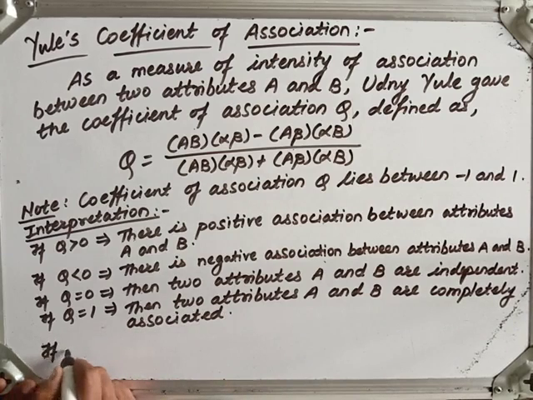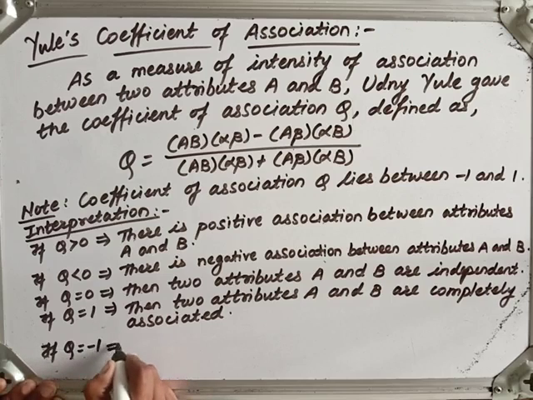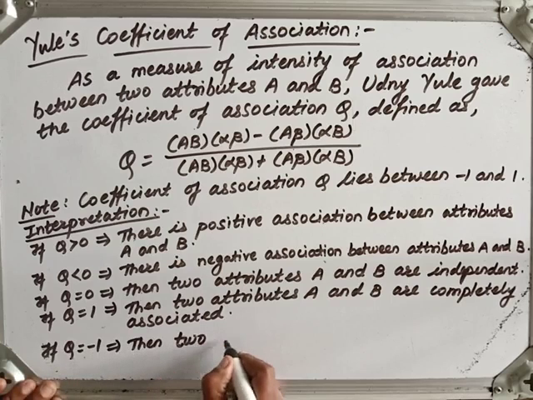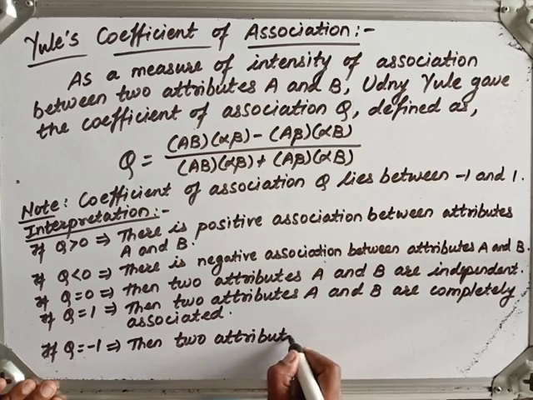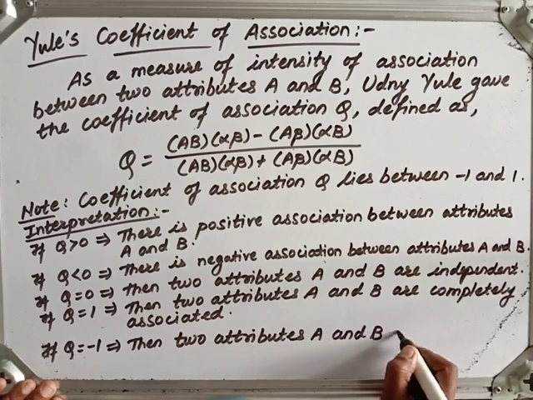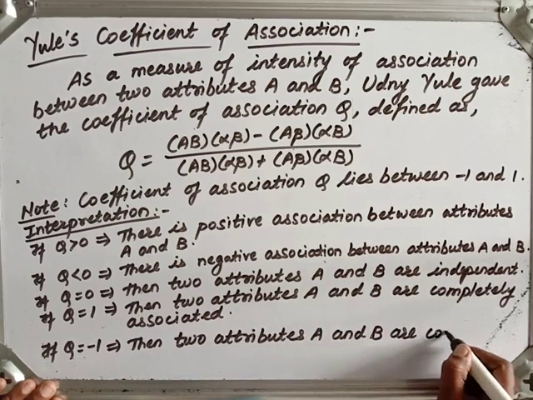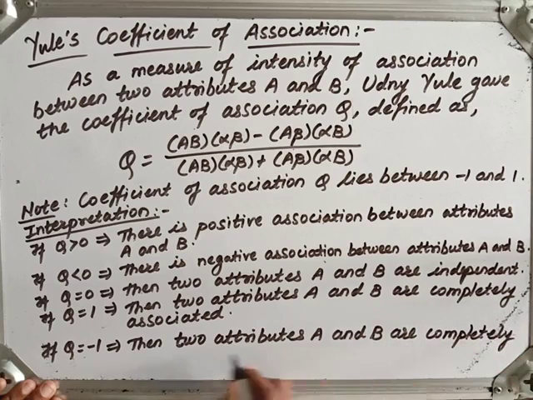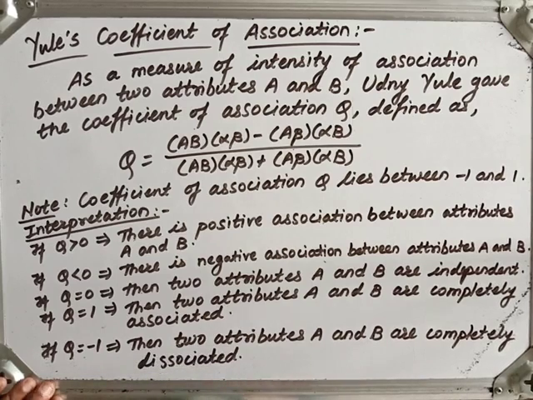And if Q equal to -1, then the two attributes A and B are completely dissociated. Now let's see examples on these.